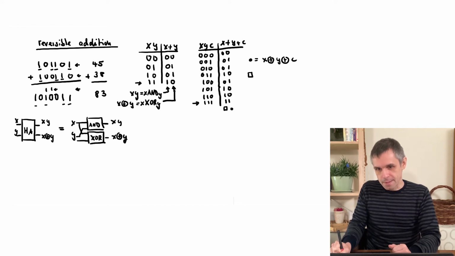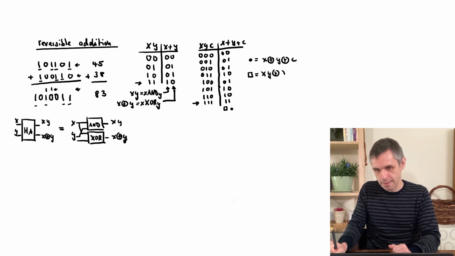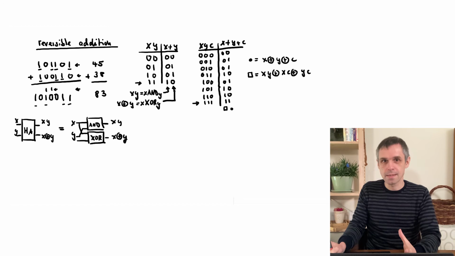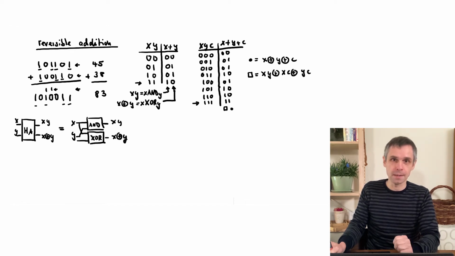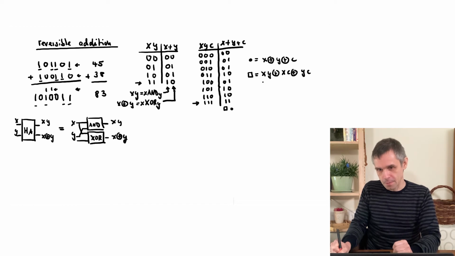The other bit is the one that we carry over, and this can be written in the following way, again by adding some numbers modulo 2. And this is designed so that this is 1 exactly when 2 or 3 of the bits are 1. For instance, when x and y are 1, but c is 0, then we obtain 1 from here and 0 from these 2 cases here.